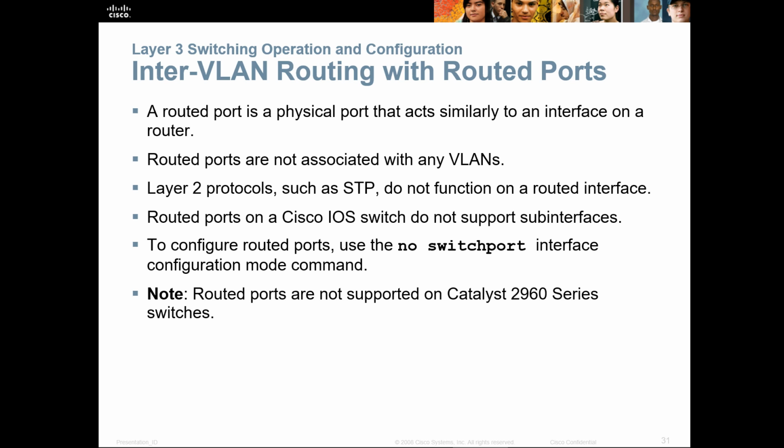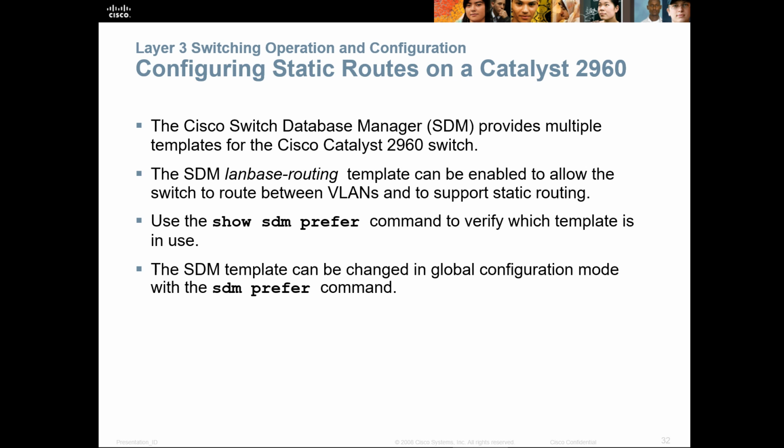A specialized note, routed ports are not normally supported on lower switches like a 2960. Cisco does have a switch database manager, SDM, which provides multiple templates for 2960s. So you could do an SDM LAN-based routing template, which could be enabled to allow switches to route between VLANs.